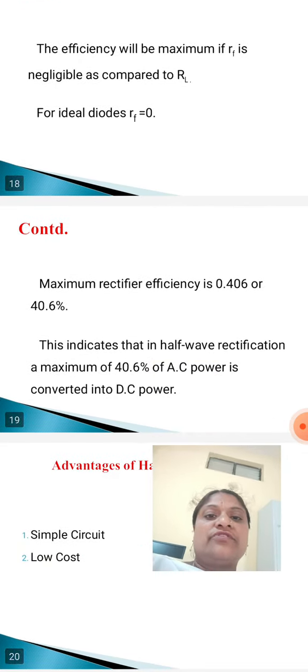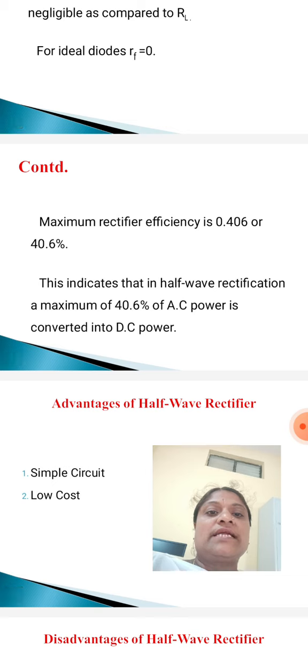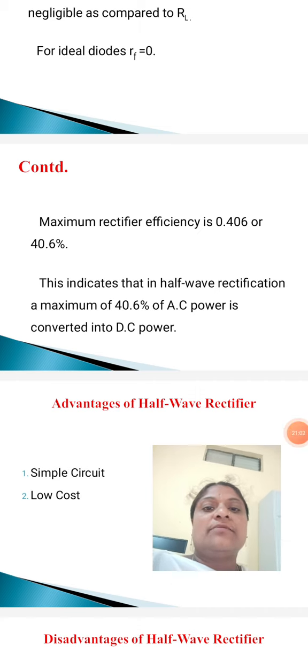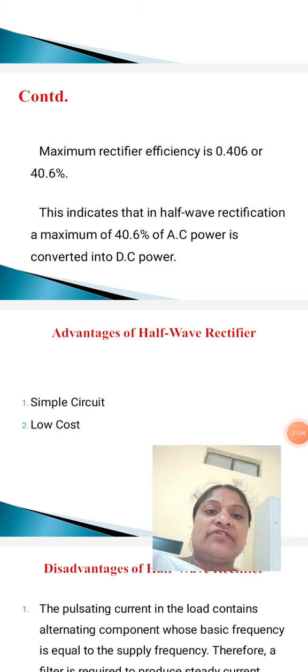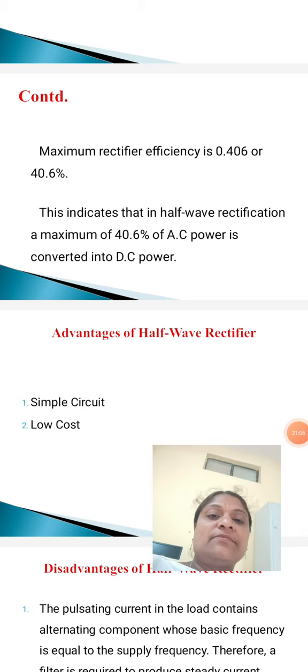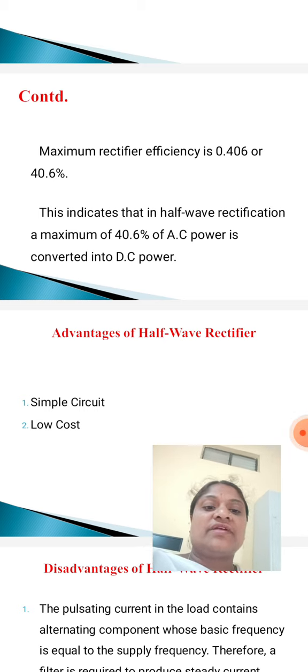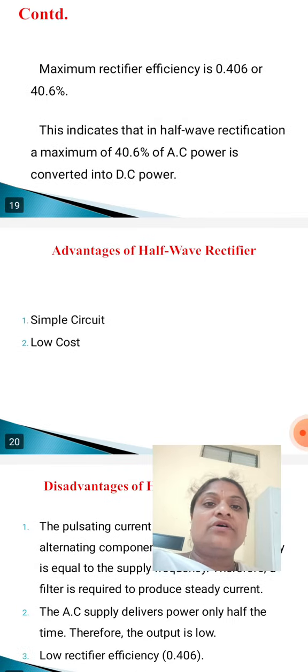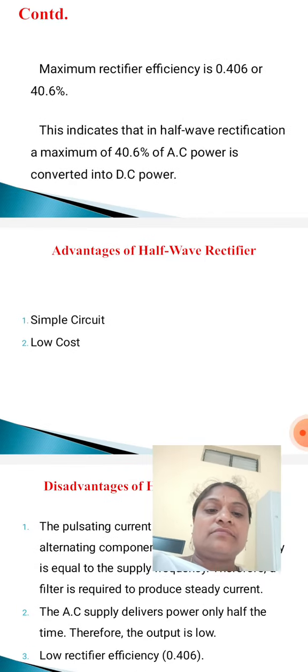So the maximum rectifier efficiency is 0.406 or 40.6%. This indicates that in half wave rectification, a maximum of 40.6% of AC power is converted into DC power. Okay. So this is the efficiency of half wave rectifier.